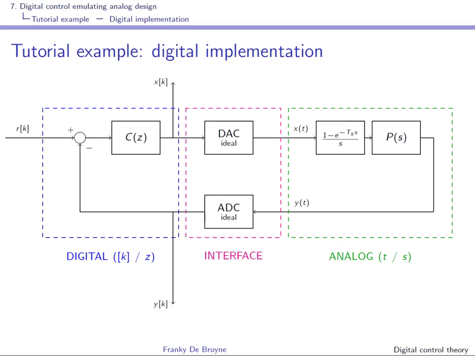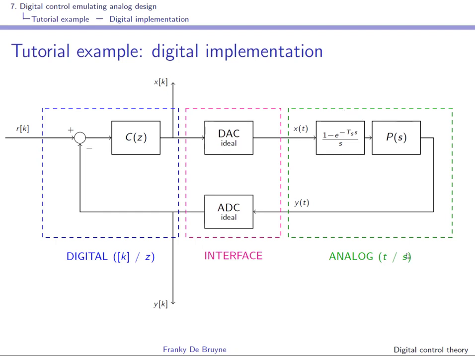Of course, for the digital to analog conversion, since we replace it by an ideal element, we have to kind of take into account the zero order hold by modifying our process. And this is the way we modify the process. This is going to take into account the zero order hold mechanism.